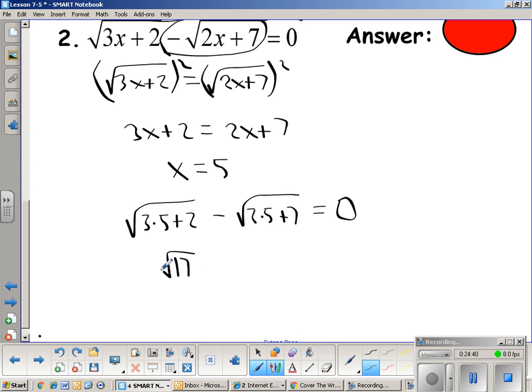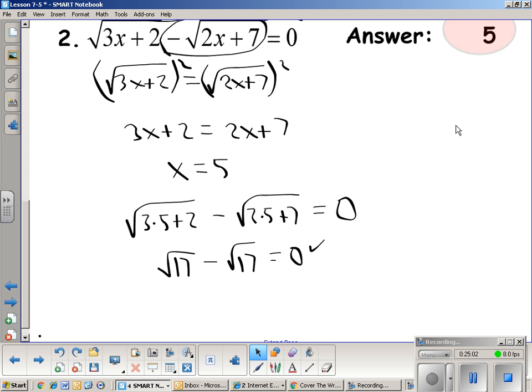So square root of 17. 2 times 5 is 10, plus 7 is 17. Is square root of 17 minus square root of 17 0? Yeah. So it works. So x is equal to 5.